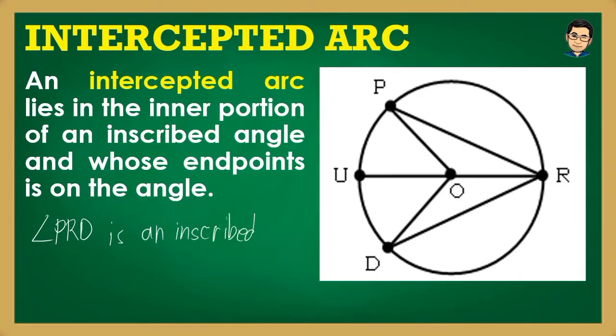Paano natin i-identify yung intercepted arc? So, yung intercepted arc po na yan is ito po. Yung PUD o kaya naman PD na kung saan naglalay yung endpoints ng inscribed angle na PRD.